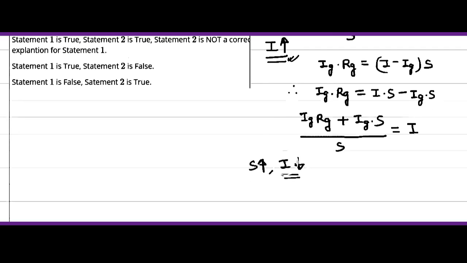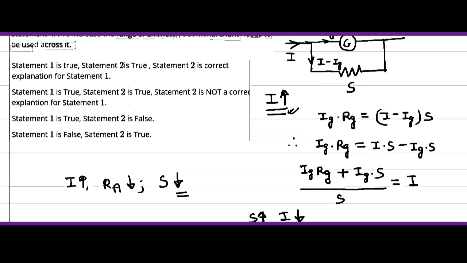From here we can say that for higher range, the resistance of the ammeter should be less, and for this the shunt resistance should also be decreased. So after this observation, statement 1 is wrong.